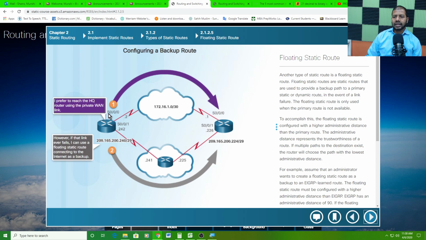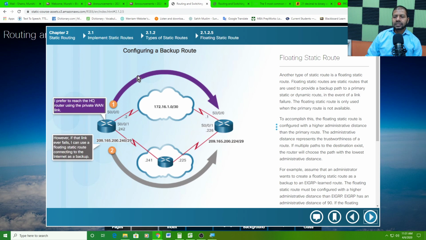So you write a static entry to go to the headquarters, this network 172.16.1.0 with a 30-bit mask. Serial 0/0/1 right here has .2. On my right, serial 0/0/0 has .1. This belongs to a network right here, the WAN, wide area network, and they belong to the same subnet. That is our preferred path to go to this router.